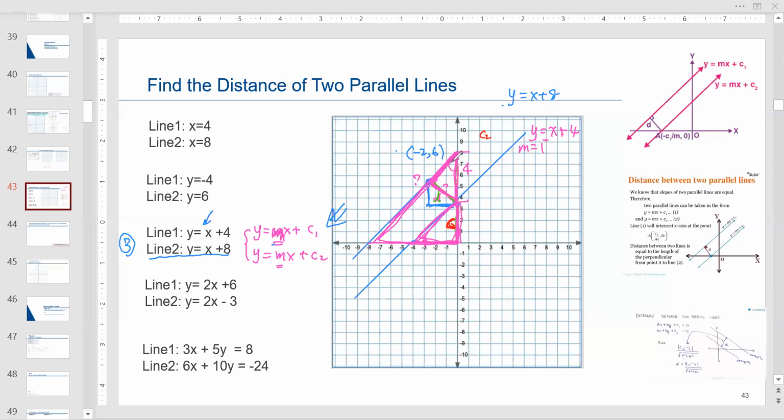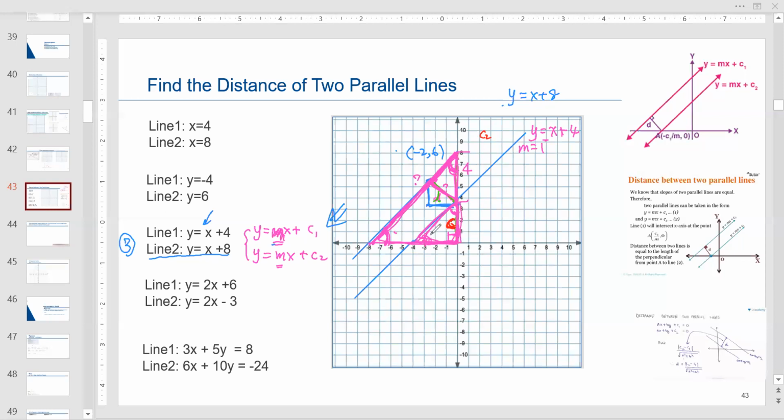So you can see this angle, this angle, and this angle. If you know basic geometry, this angle plus this angle becomes 90 degrees, because this is a right triangle. This angle plus this angle is 90 degrees as well, right?